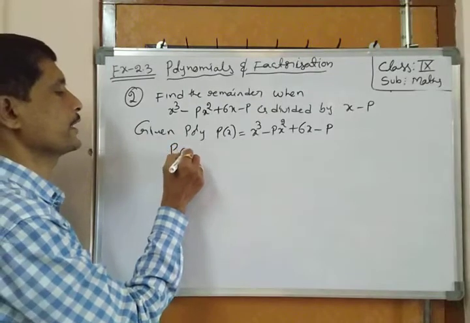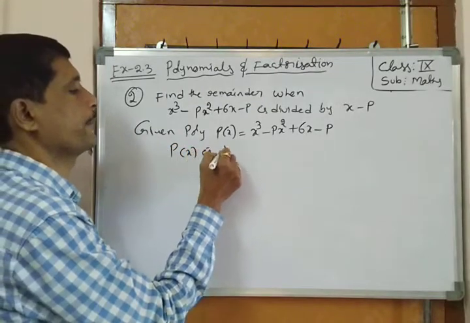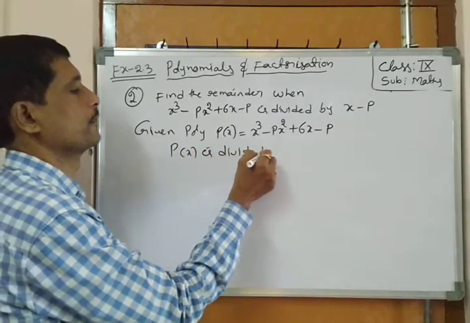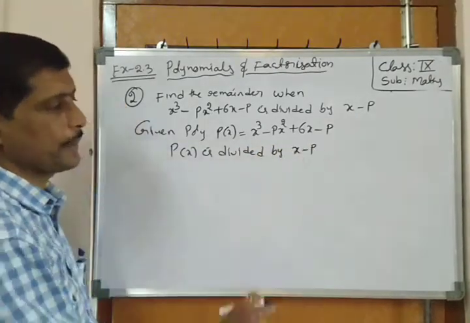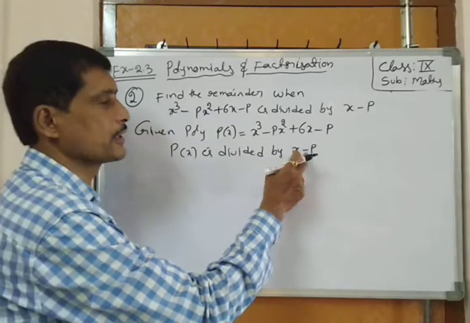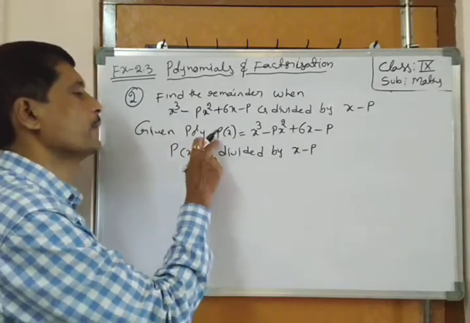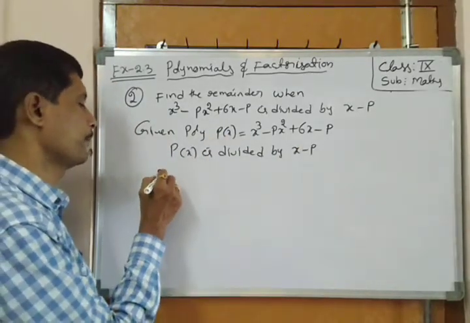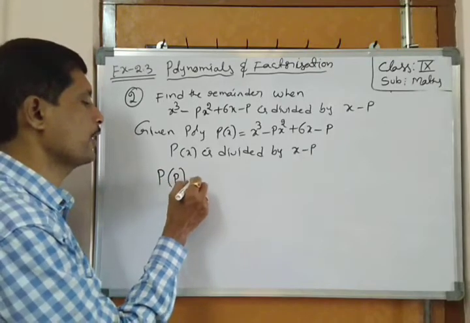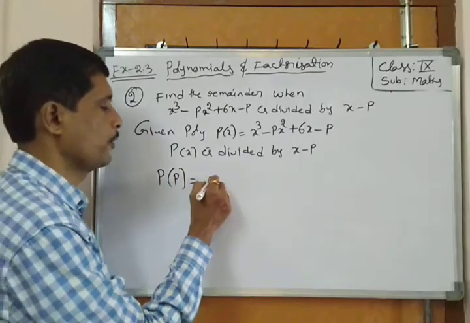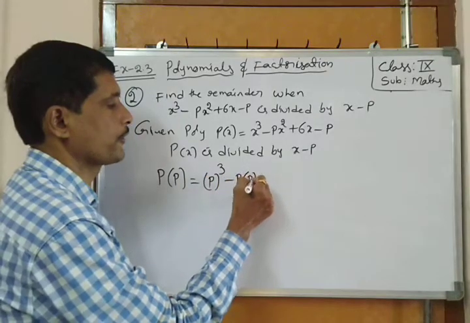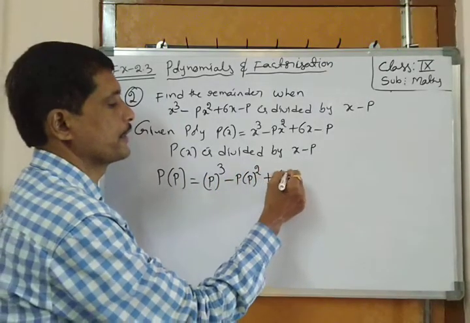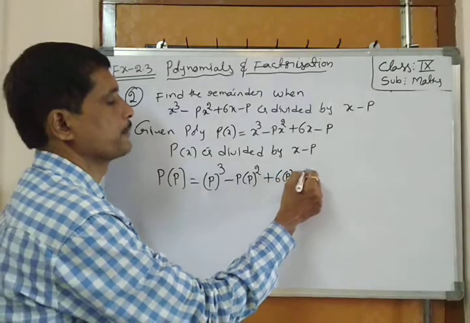Therefore P of x is divided by x minus p. Here x minus p equal 0, x equal to how much? That is p only. Therefore in place of x substitute p, P of p. Therefore p whole cube minus p into p whole square, next 6 into p minus p.